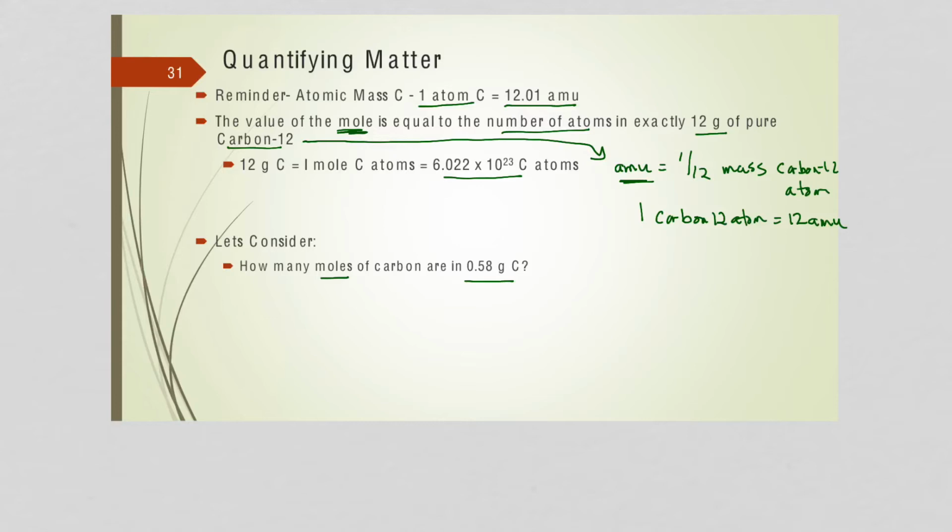So if I have 0.58 grams of carbon, and I just said that 12 grams of carbon equals 1 mole of carbon-12 equals 6.022 times 10 to the 23rd.